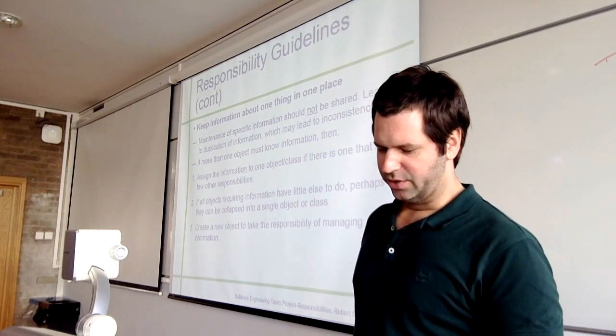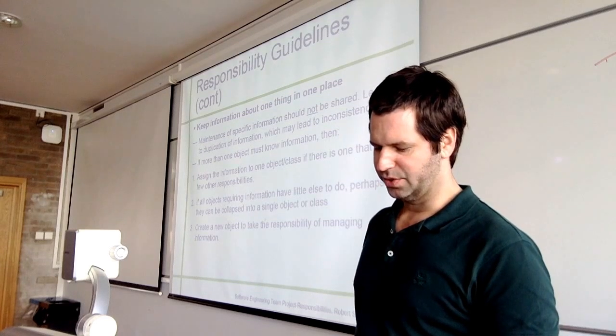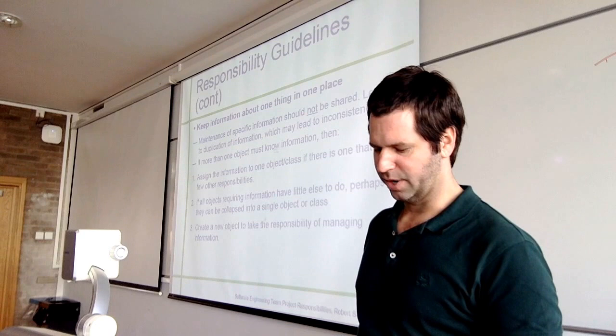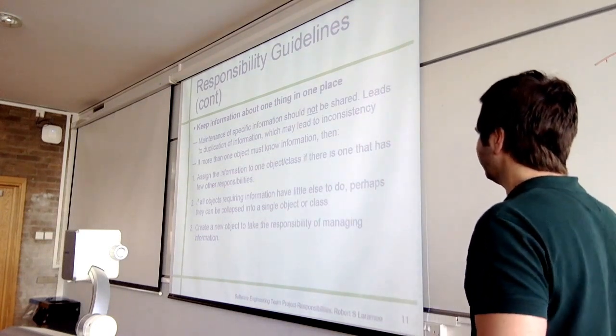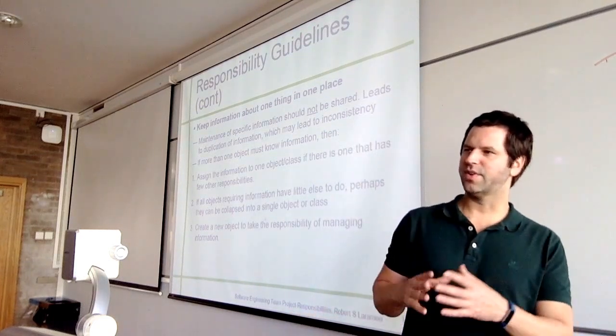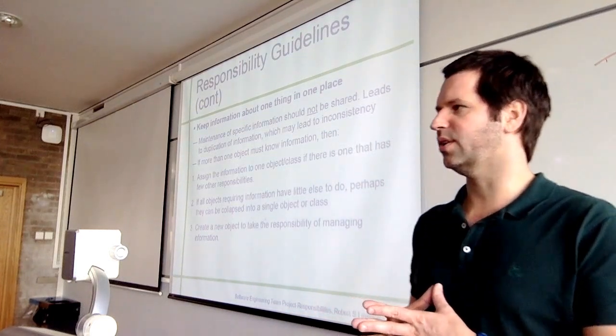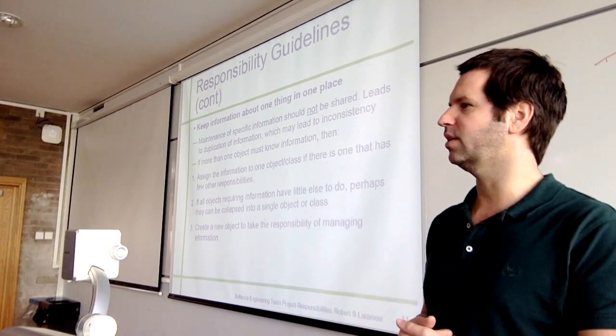There might be a rare situation where more than one object must know about the same information, right? So we assign the information to one object or one class, and it has very few other responsibilities. Like time has only get time as a responsibility, right?